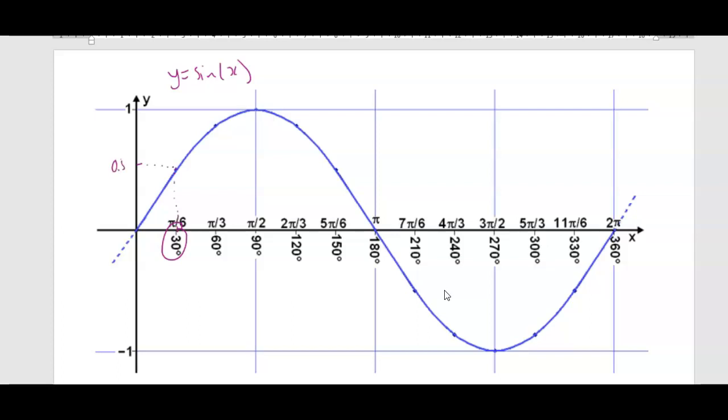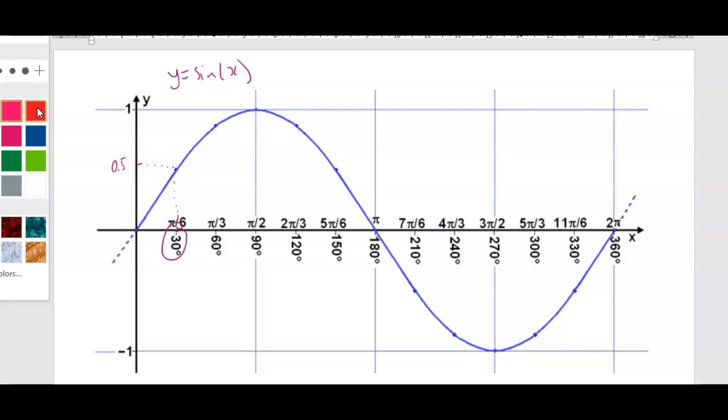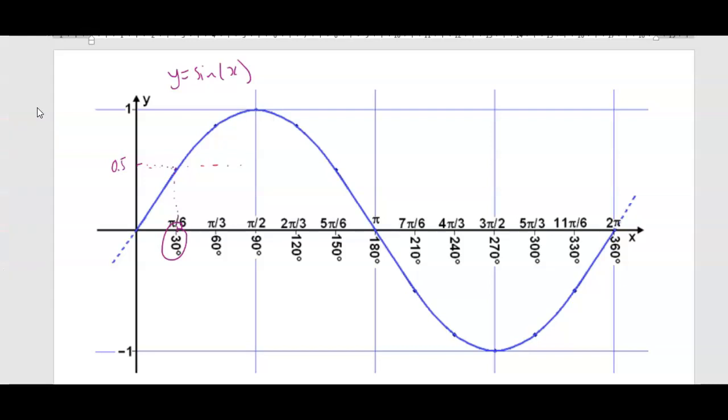So there we got 0.5. Now, as we did previously for 45 degrees, we can go across and see that we hit our sine graph again. And the good thing is they've got a dot there so we can easily read it.